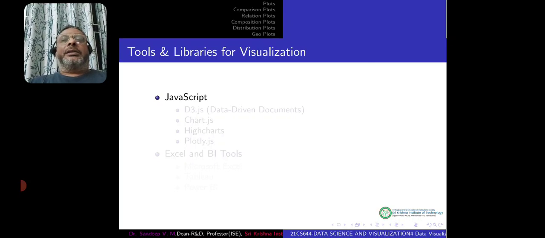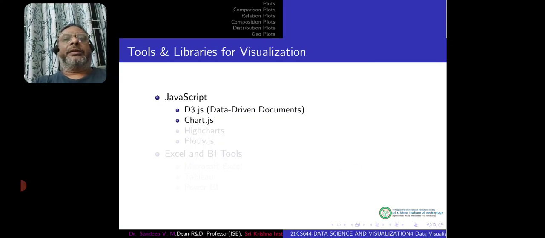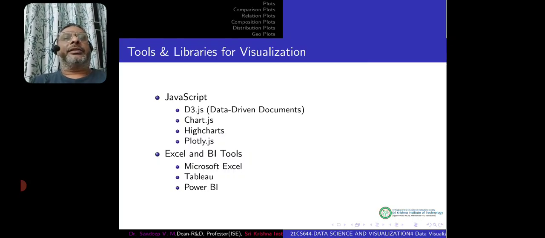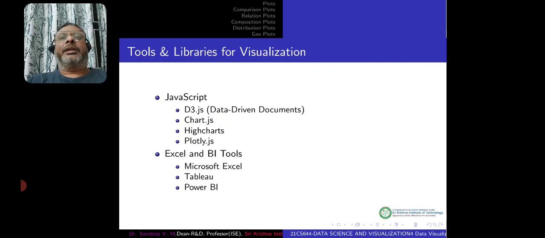Then another important world is JavaScript. Under JavaScript we have D3, that is Data-Driven Documents, Chart.js, Plotly, and from the Microsoft world we have Excel and BI tools. It is Microsoft Excel, Tableau, Power BI, and all such things. So there are many tools available today.